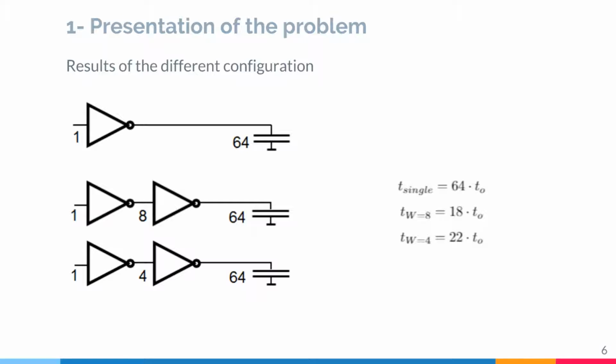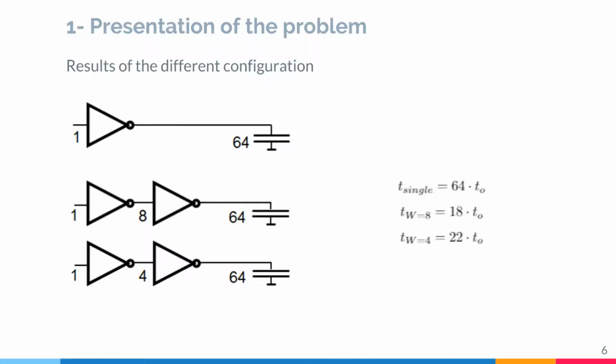Once we have computed all the delays, we can see that all depend on the baseline delay, in this case T sub O. This delay is multiplied by a different value in all three cases. As can be seen, the single-stage case has a much bigger delay than the other ones. We can also see that the two-stage cases have different results between them.